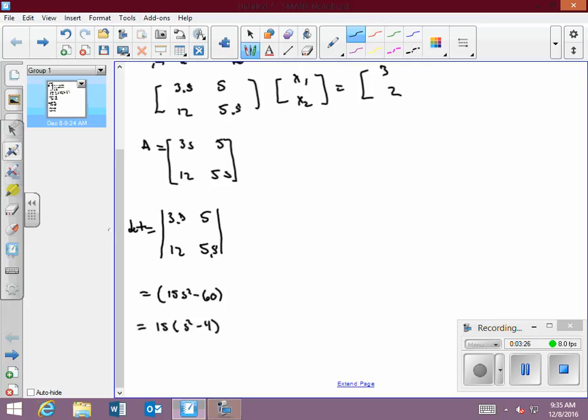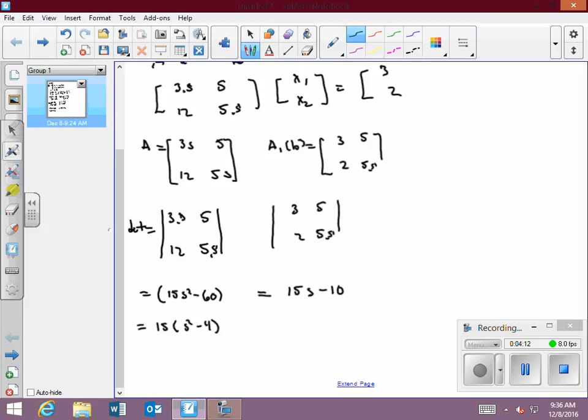And then A1(b) is going to be 3, 5, 2, and 5s. So the determinant of that is going to equal 15s minus 10.